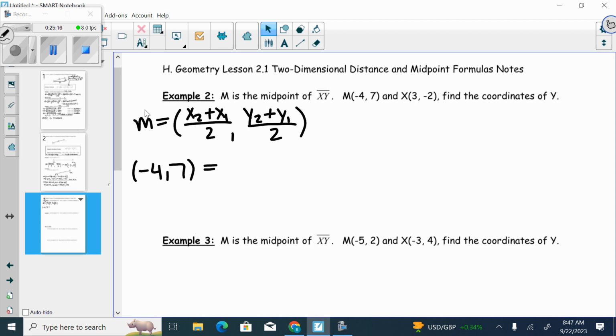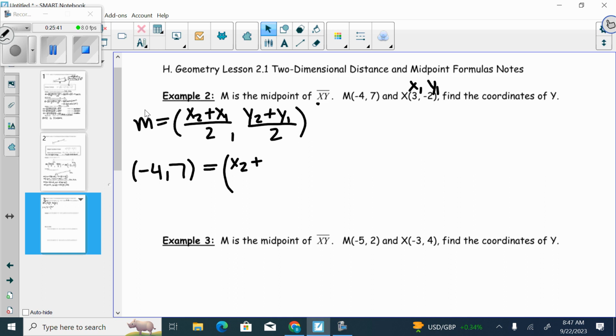They also gave us the coordinates for x, which is the first point here. So that must make x my x1, y1, right? So I'm going to substitute in that information to this formula. I don't know x2, right? That's still an unknown. That's what we're looking for. So I can't put anything in for x2.